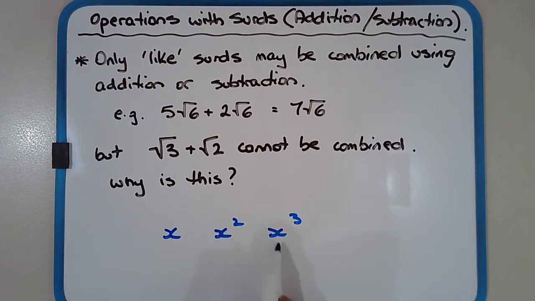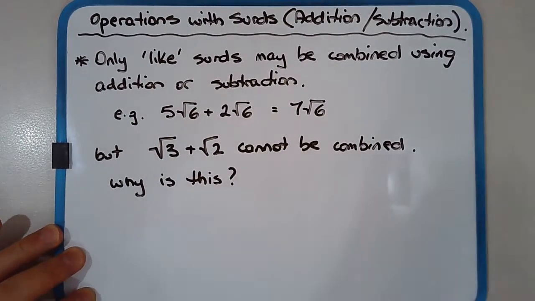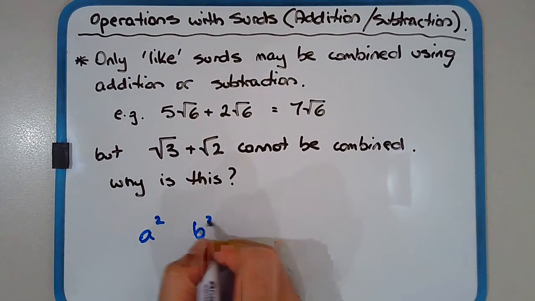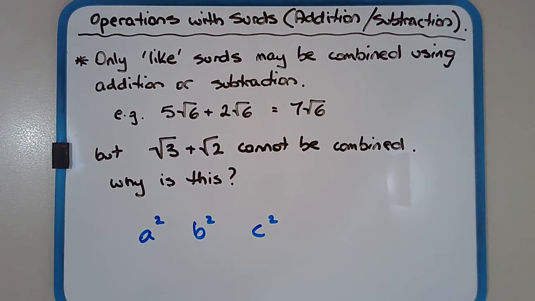The bases are identical, but the powers are not. What about if the powers were identical? Let's say a squared, b squared, c squared. Are they like terms? Again, the answer is no, because while the indices, or the powers, are identical, the bases are not.